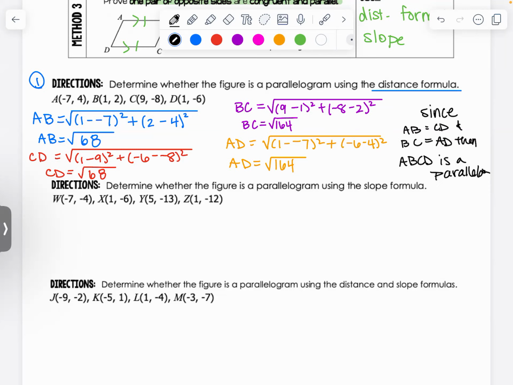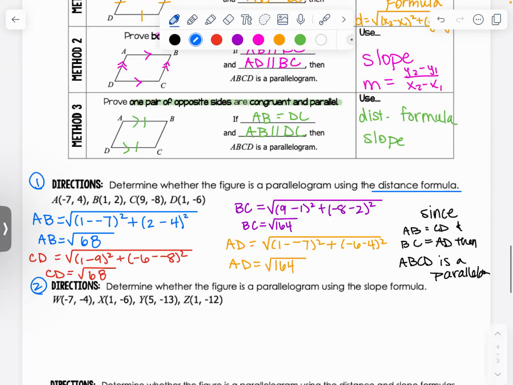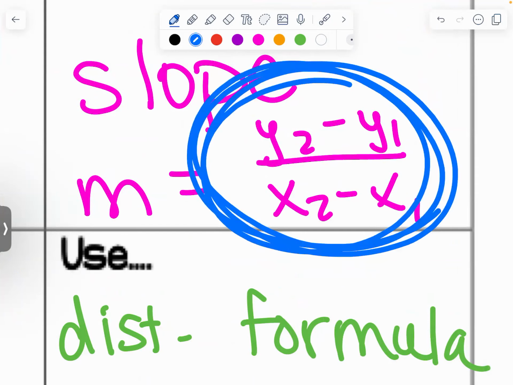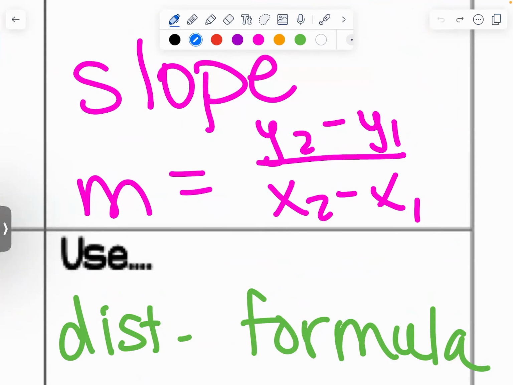So in number 2, we need to use the slope formula. Now, remember, slope formula, y minus y over x minus x. Please make sure you do that.